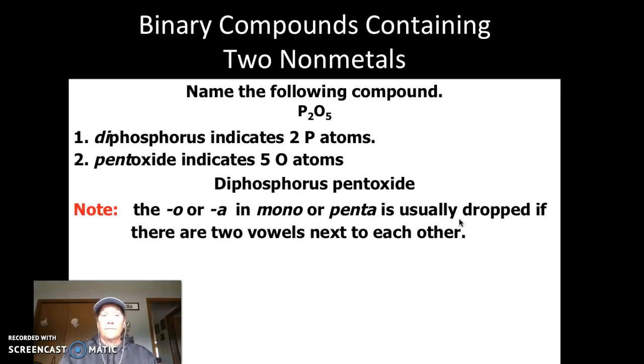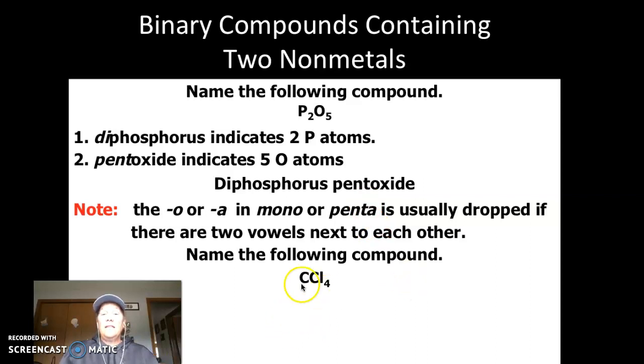You can see diphosphorus, 2 phosphorus groups, penta. And you can leave the A in there if you want. It's up to you. Some people drop it, some people don't. Whatever works for you. It doesn't matter to me. But pentaoxide, 5 oxygen. And that's all you have to do.